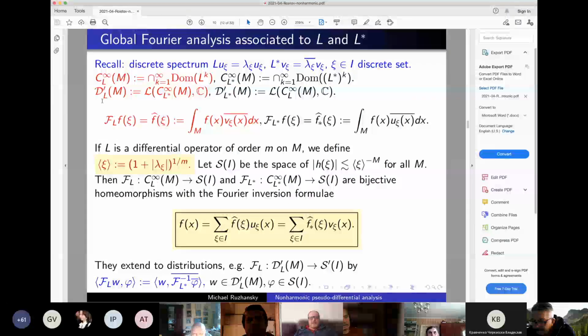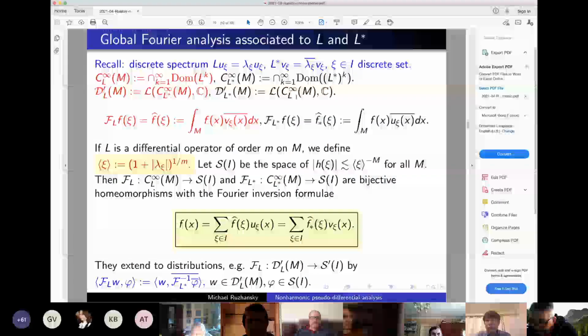Then we can define distributions as usual as dual spaces for these spaces of test functions, but we define distributions associated to L as the dual space to C^∞_L*, and distributions for L* as the dual space for C^∞_L. So there is this interplay.